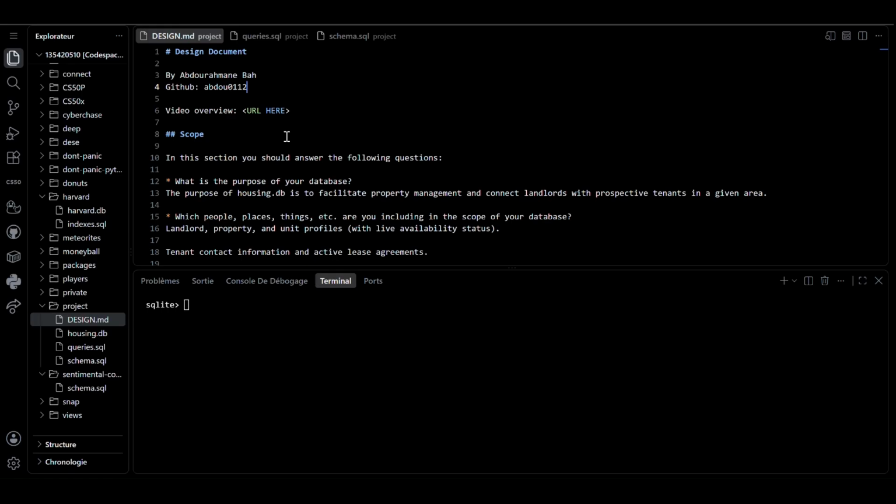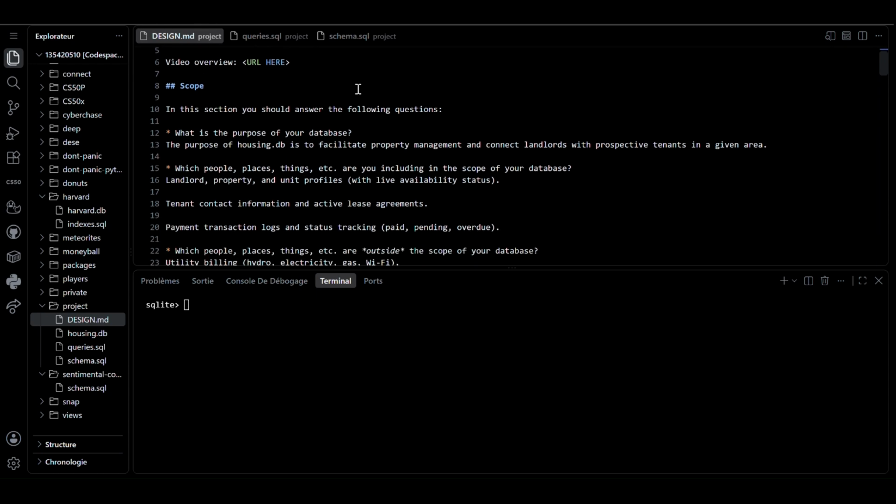Just as described by the final project itself, the project is composed of three different files: design.md, queries.sql, and schema.sql.